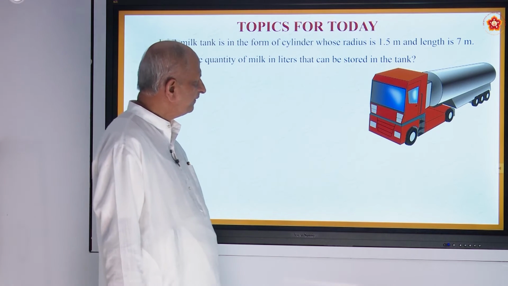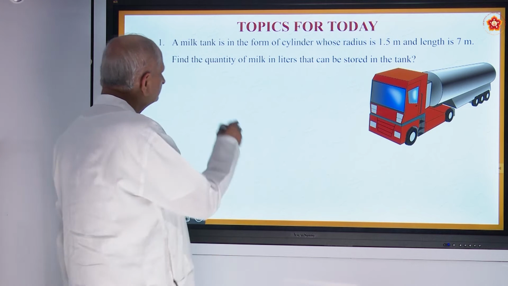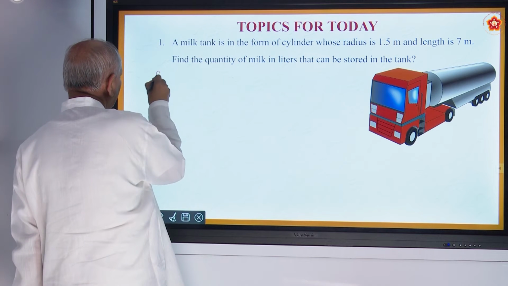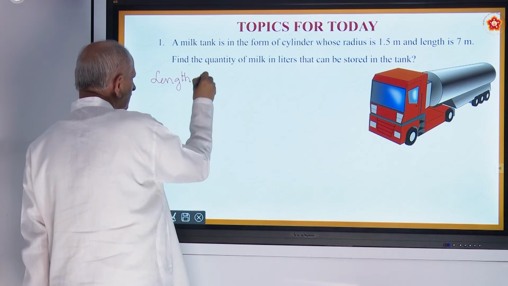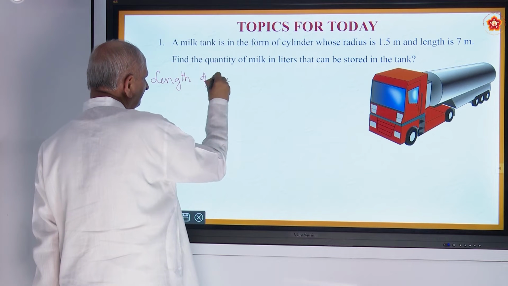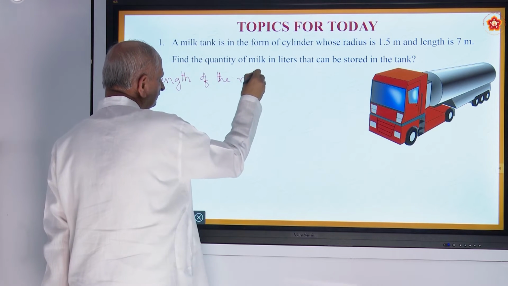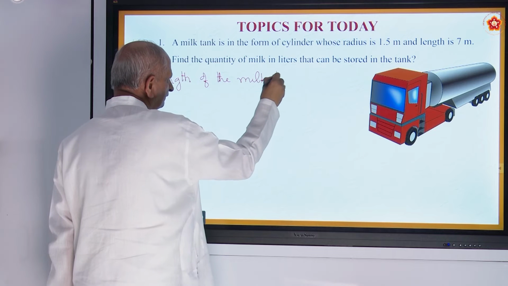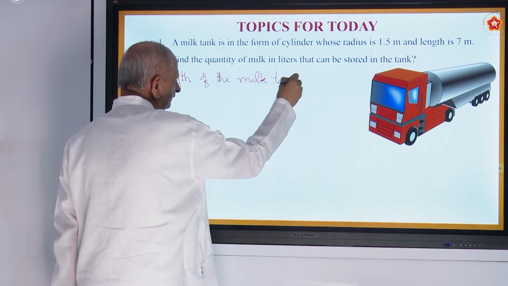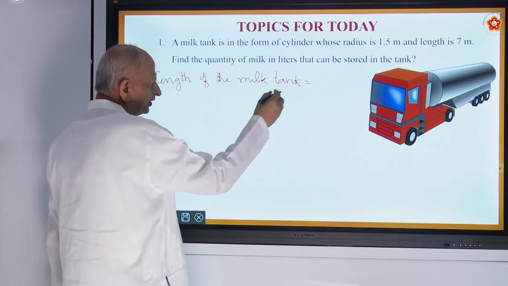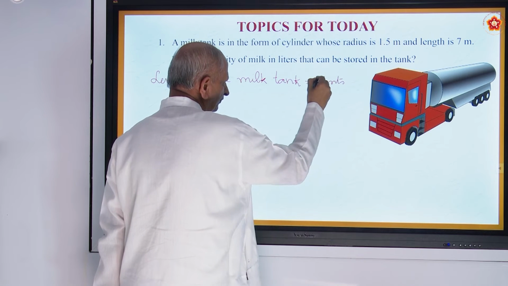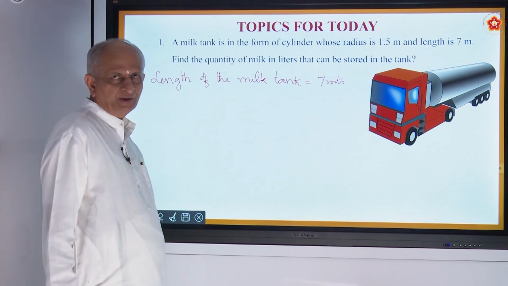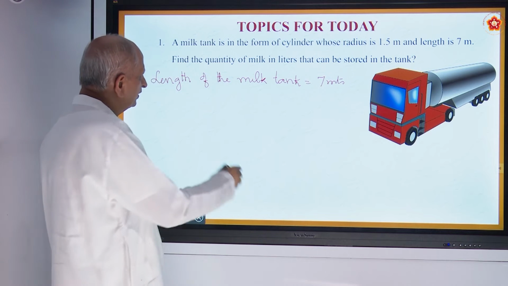So here the length of the tank is given. Length of the milk tank, seven meters. Is it not? Then what else?